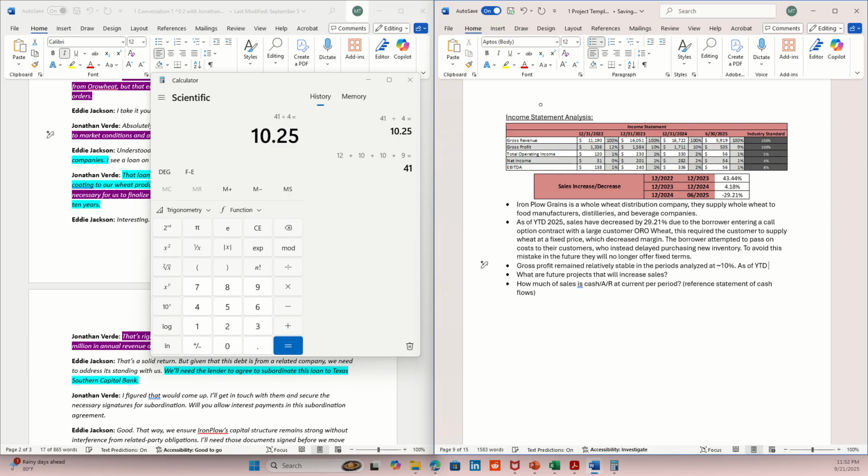As of year to date, gross profit margin, GPM, has decreased as a result of the call option mentioned above.